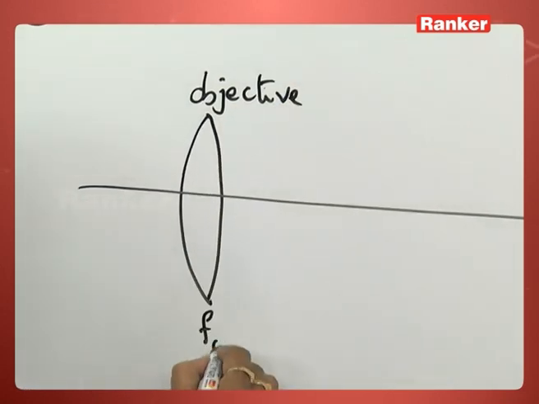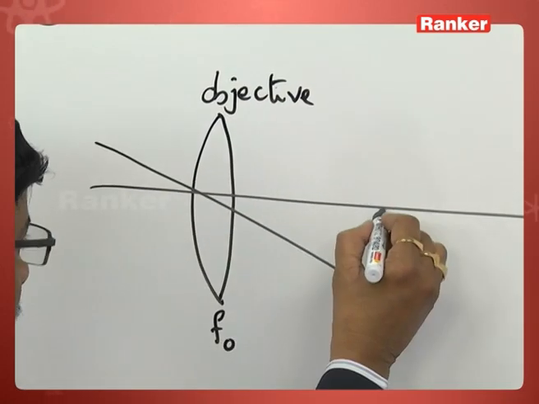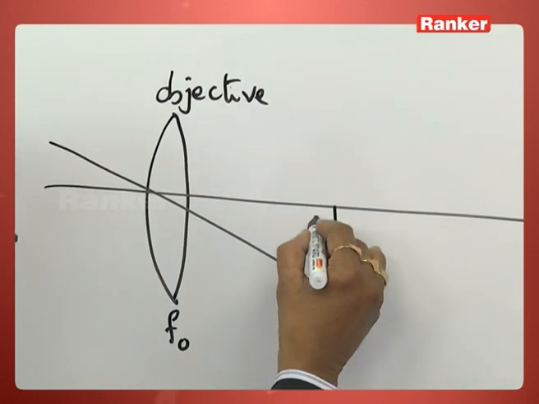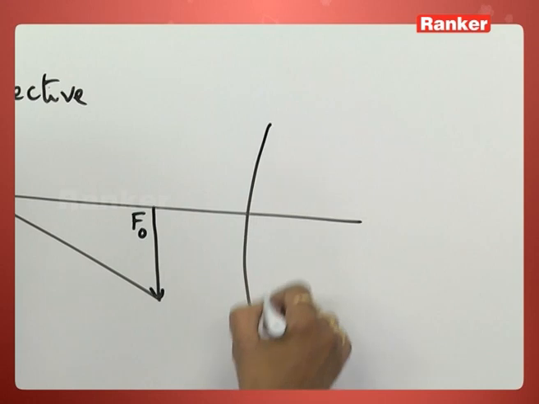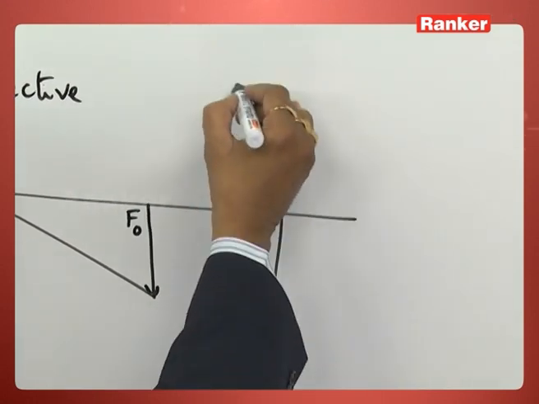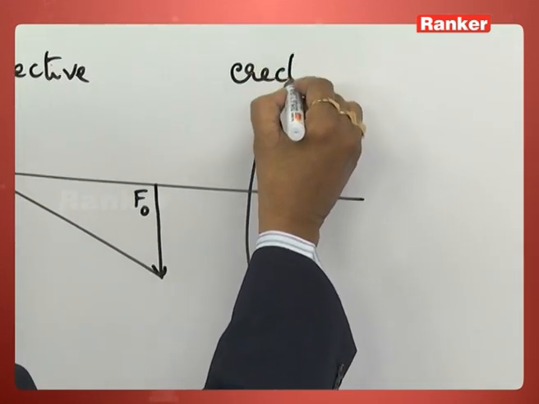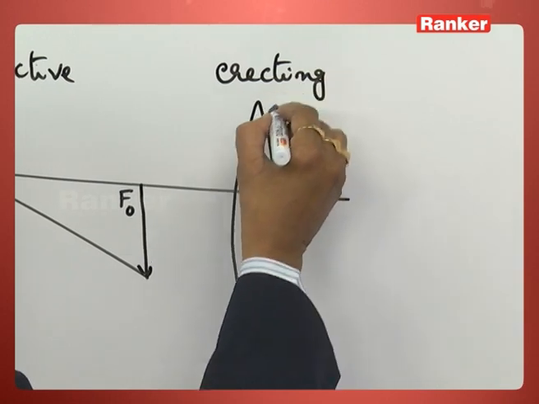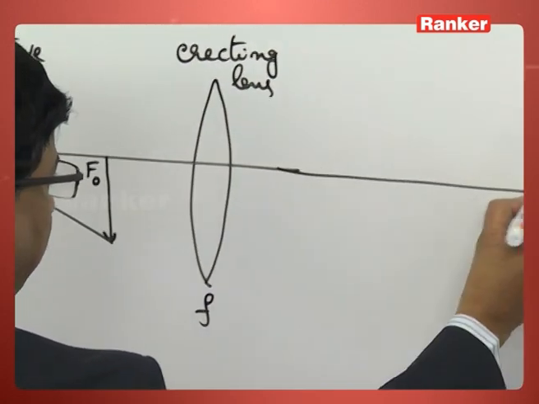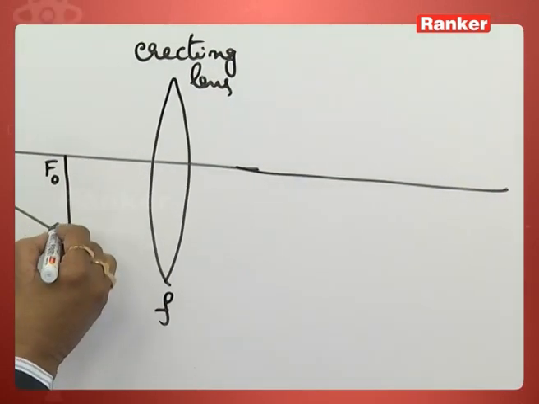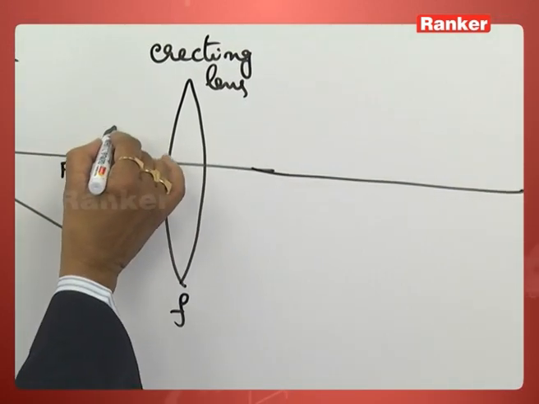Focal length is FO. The image is going to be formed here at its focus. Here we keep the erecting lens in the terrestrial telescope. This is what we call the erecting lens. If its focal length is f, at what distance we keep this erecting lens?